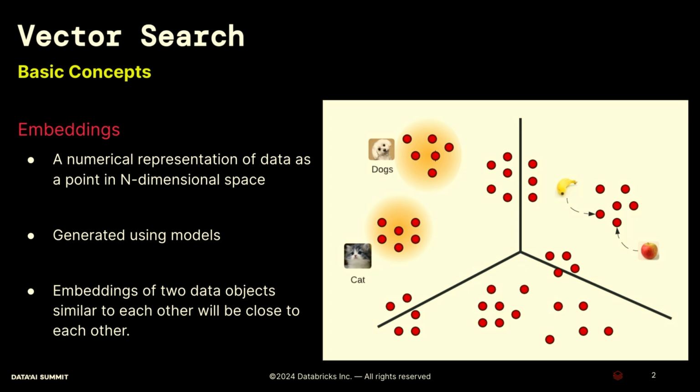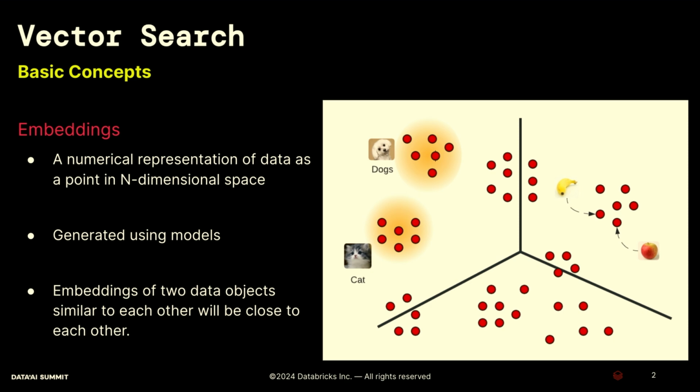Now you can generate these embeddings at random. You can take the data, start generating random numbers, and that can be an embedding too. But obviously that will not work. Typically what people do is they train specialized models that can take data of a certain format and generate embeddings. And as you can see, the quality of the model that generates the embedding is really critical.